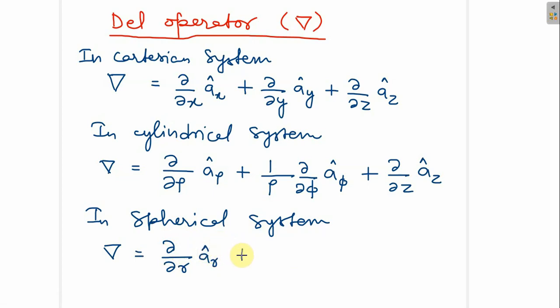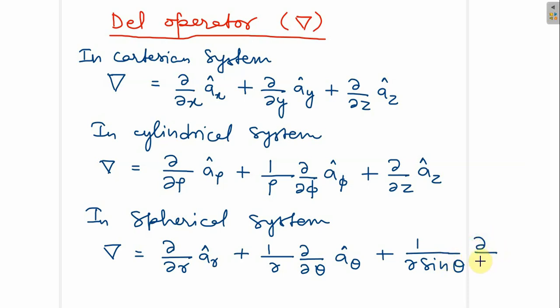So the unit vectors will be similar: 1 upon r del theta a theta, and then 1 upon r sin theta del phi a phi.